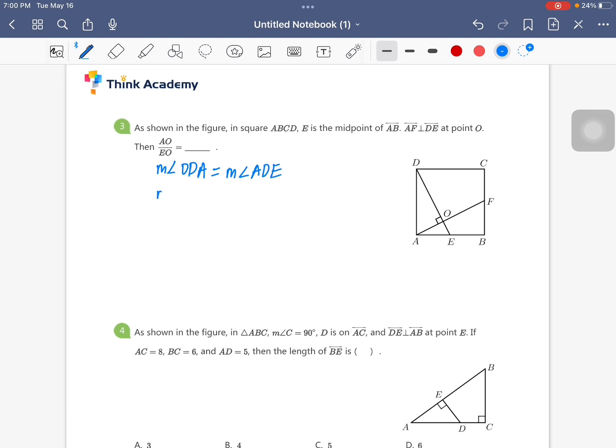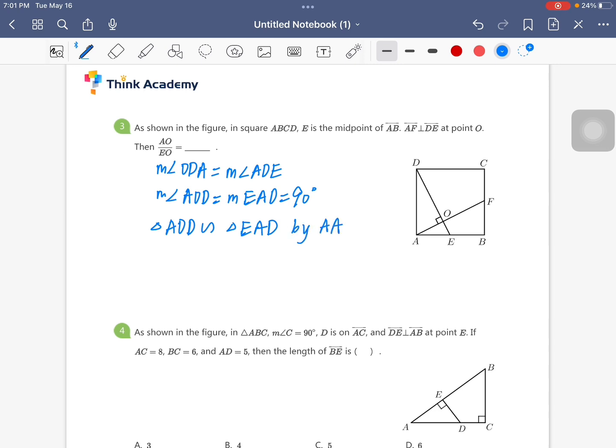We also have angle AOD equals angle EAD, which is 90 degrees, since AF is perpendicular to DE and ABCD is a square. So we can prove that triangle AOD is similar to triangle EAD by AA.